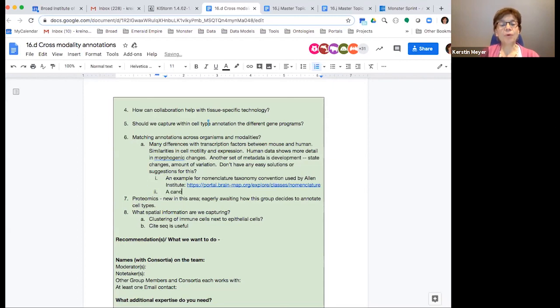I think it's useful to be aware of all these technologies that are coming up, but in terms of cell type annotations, the issues that we talked about, the different layers and hierarchies of cell type annotations, apply just the same. We didn't really get onto how we validate these, because that's another whole field of functional validation. So I don't think we need to capture a specific action for everything we talked about.